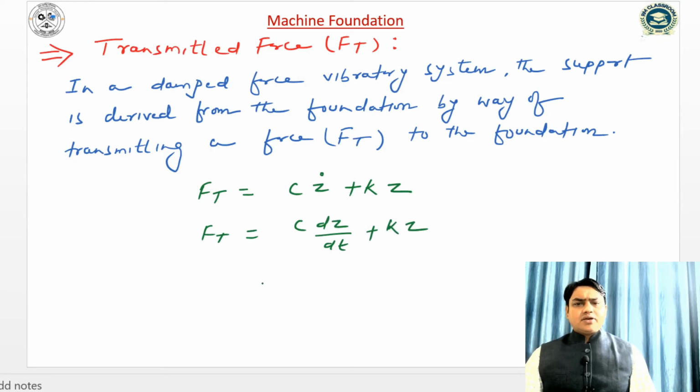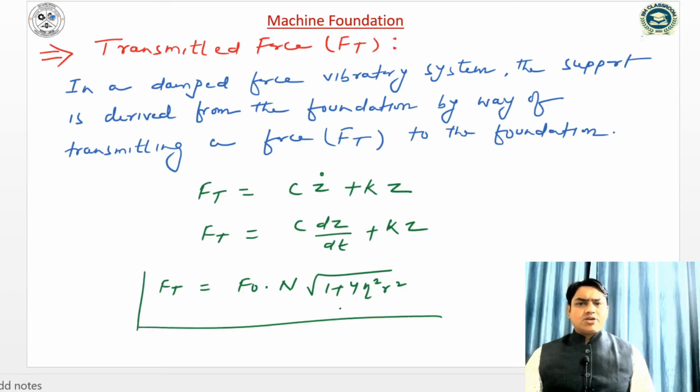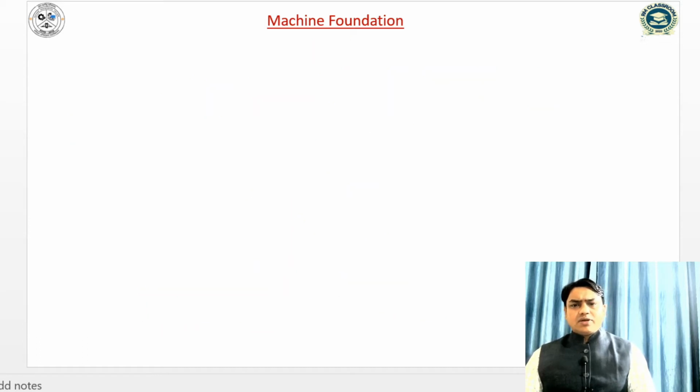So if I write the transmitted force solution here, Ft is equal to F naught into N into square root of 1 plus 4 eta square into R square. So Ft is the transmitted force, F naught is the exciting force or unbalanced force, and N is the magnification factor.